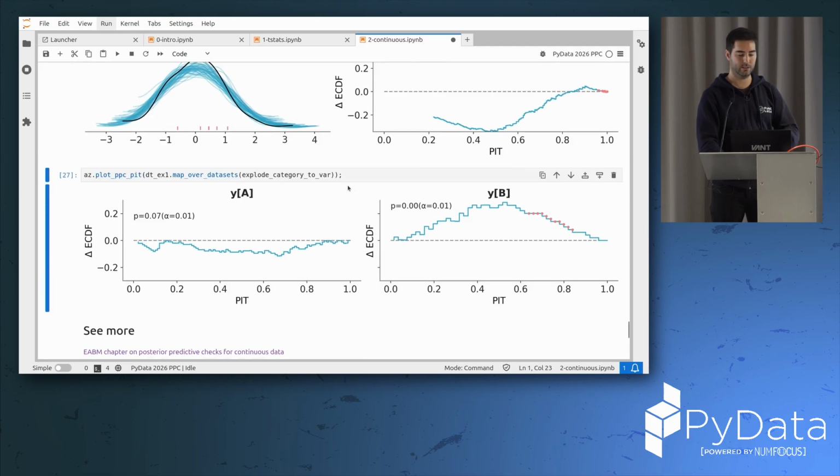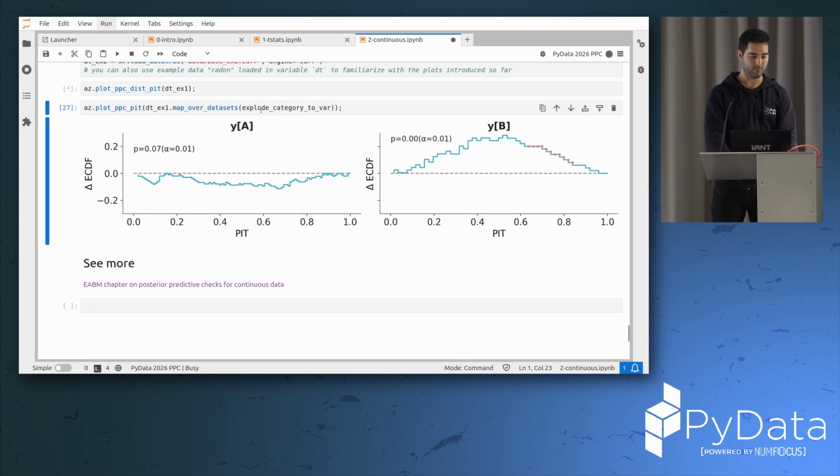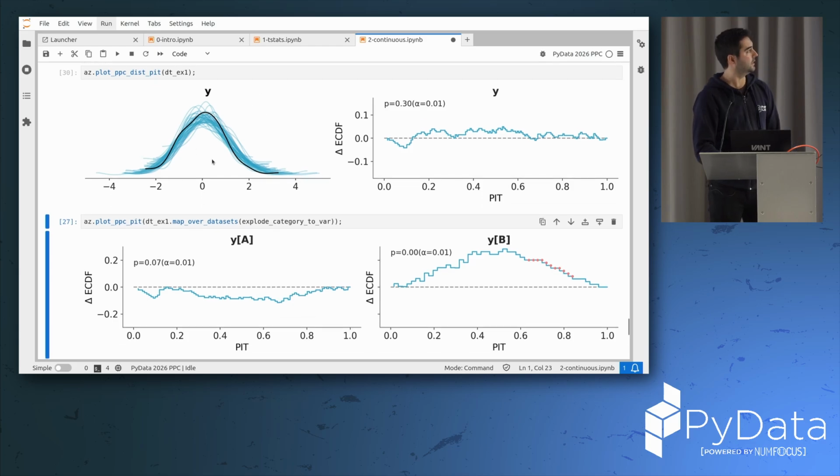Whereas for the other one, both the PIT check and the overlaying look good, but when we look at this on a category-per-category basis, we can see that our model is assuming category B has some differences that are not actually there, or vice versa. Our model is assuming everything is the same.